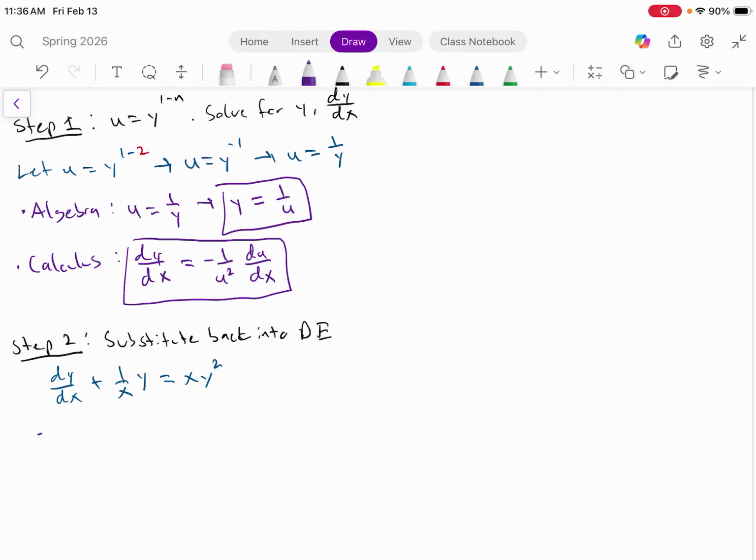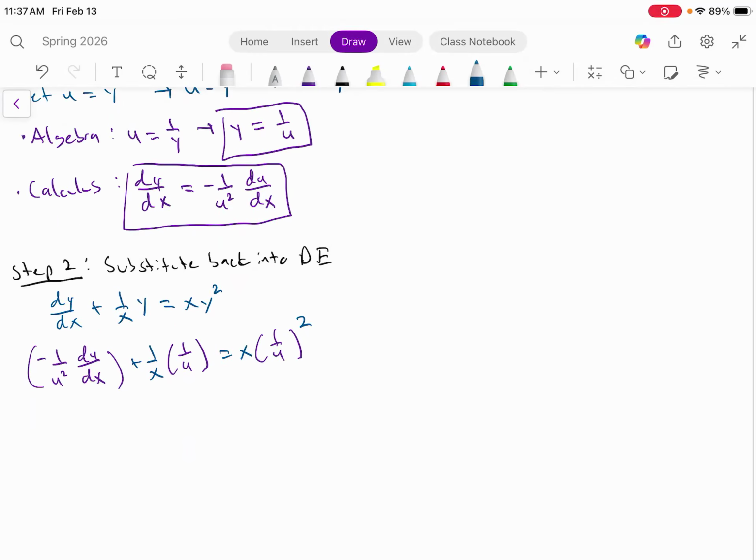So this would be negative 1 over u squared du over dx plus 1 over x times y, which we found to be 1 over u, equals x times y squared, and y is 1 over u, so 1 over u squared. Okay, so that's us substituting into terms of x and u.